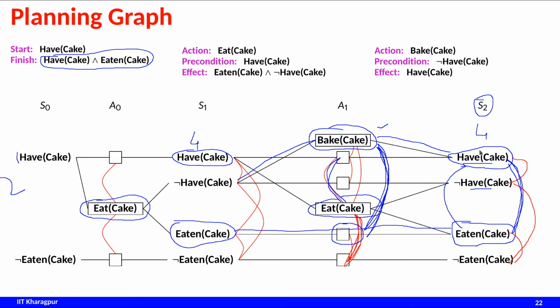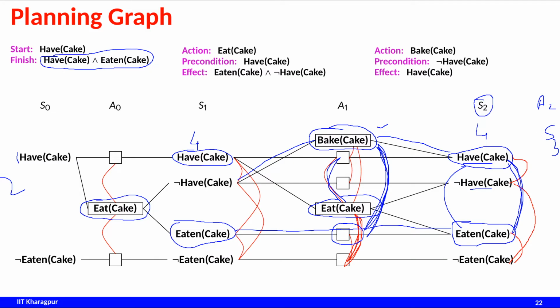It may happen that even if we have reached a situation where these two are non-mutex, we may still not be able to find any plan to achieve these two things together because of some other constraint. In that scenario, we apply the actions one more time, generate the next set of literals, and check whether we can achieve those non-mutex literals from state S3 or not, and so on and so forth.